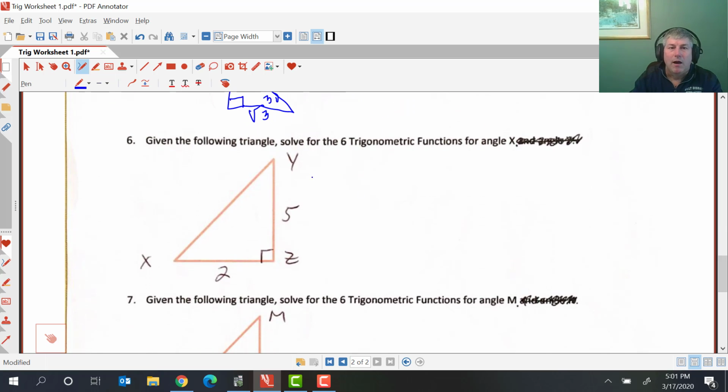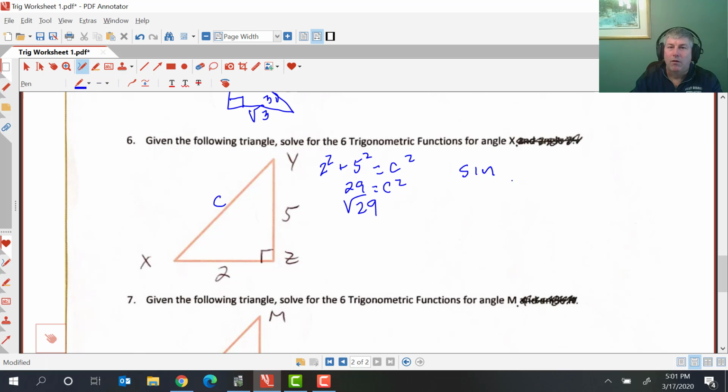For number 6, we had to do the Pythagorean Theorem, so 2 squared plus 5 squared equals our hypotenuse squared, and we get 29 equals c squared, so we get the square root of 29. And then you've got to do your 6 trig functions.